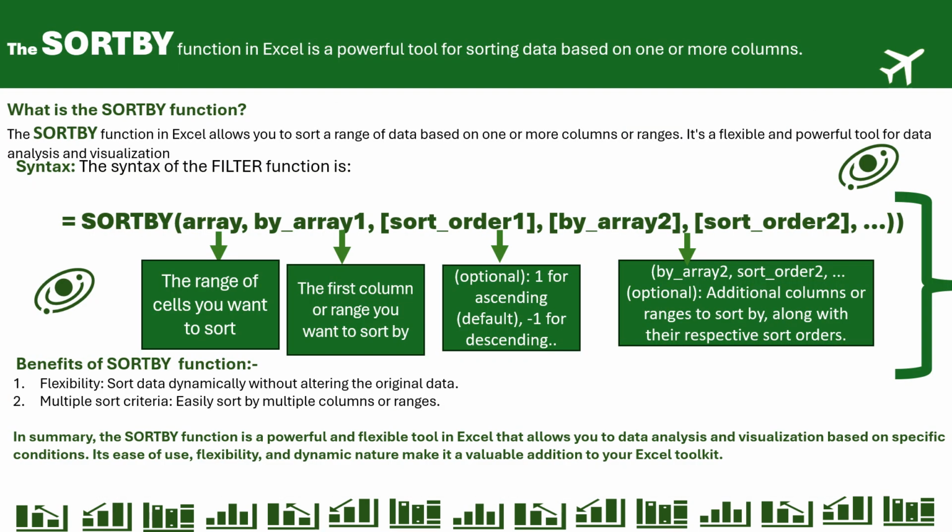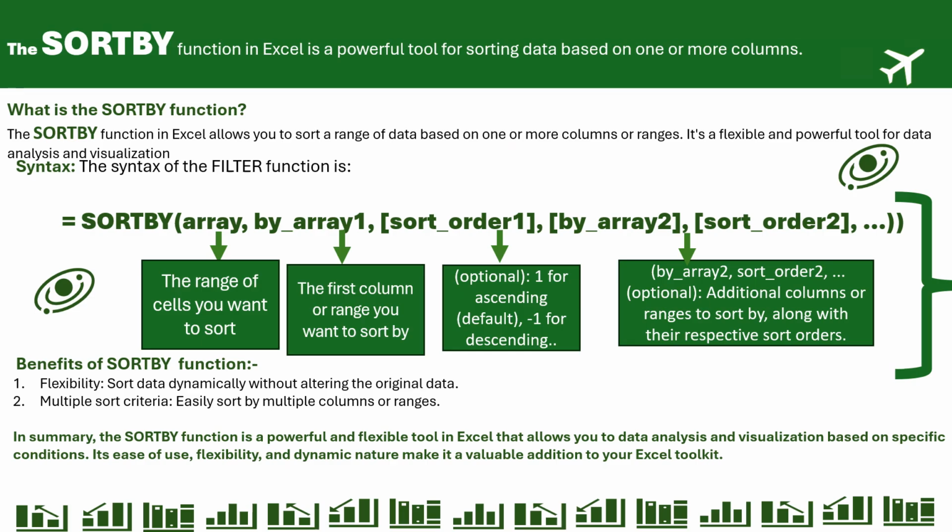Now the SORTBY function in Excel is a very powerful tool for sorting data based on one or more columns. Its syntax is equals SORTBY, array, comma, by array 1, comma, sort order 1, by array 2, sort order 2, and so on.